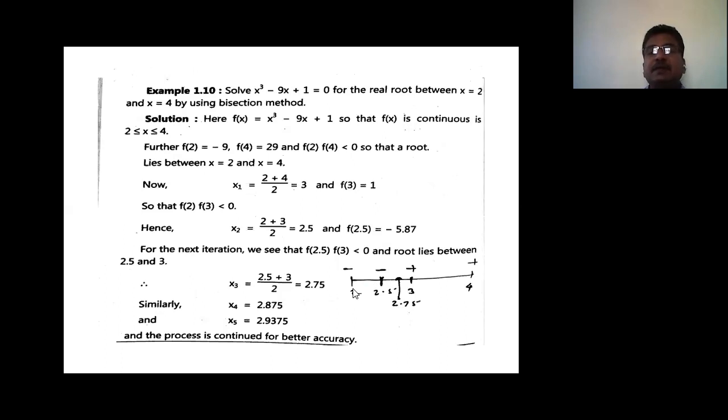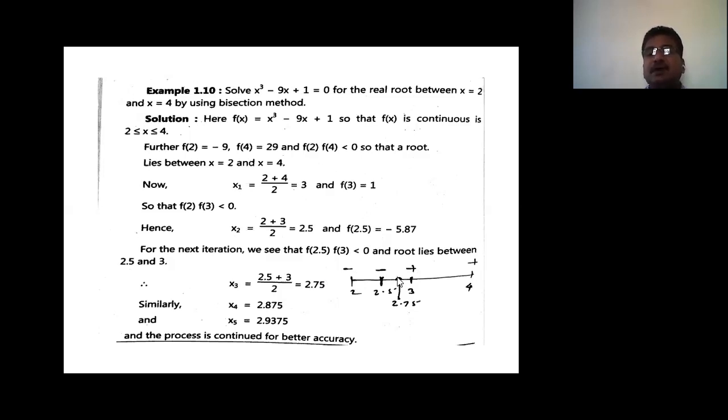Here we observe the value at 2 is negative, the value at 4 is positive, and the value at 3 is positive, and therefore the root lies between 2 and 3. Because at 3 the value is plus and at 4 the value is also plus, there is no root between plus and plus. We say the root lies between two numbers only if their signs are opposite.